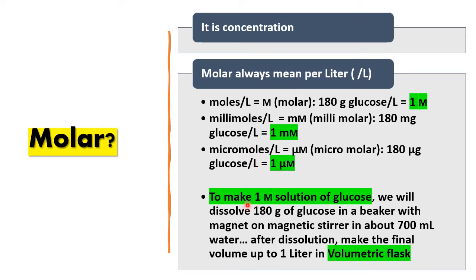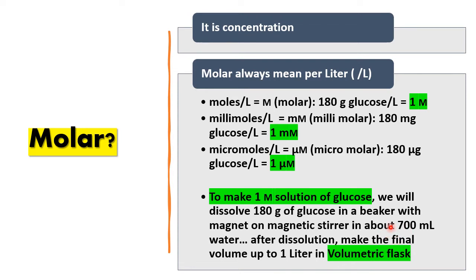For example, you want to make 1 molar solution of glucose. For that we will dissolve 180 gram of glucose in a beaker with a magnet placed on the magnetic stirrer in a lesser volume, of course, like 700 ml or so, and then you make the final volume to 1 liter in a volumetric flask.